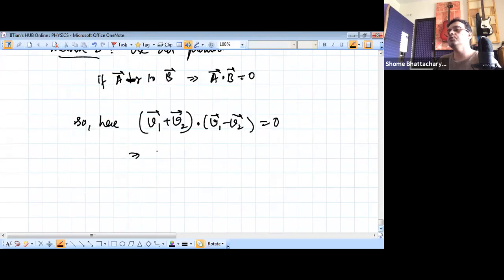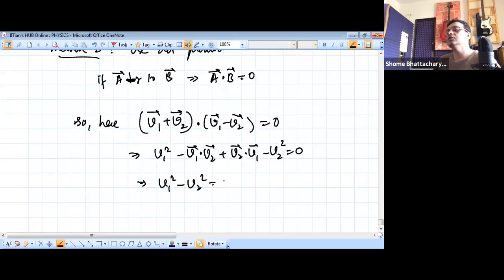Now open this dot product, so it will become V1 square minus V1 dot V2 plus V2 dot V1 minus V2 square. Now you know dot product is commutative, so V1 dot V2 is equal to V2 dot V1. That gives us that V1 square minus V2 square is equal to 0.